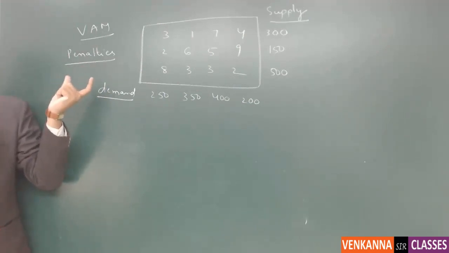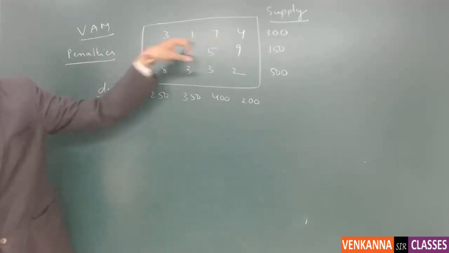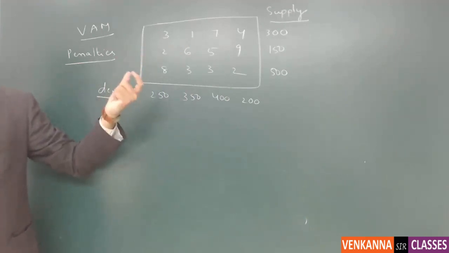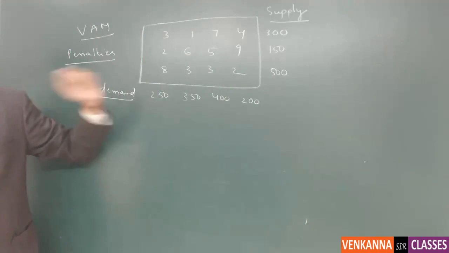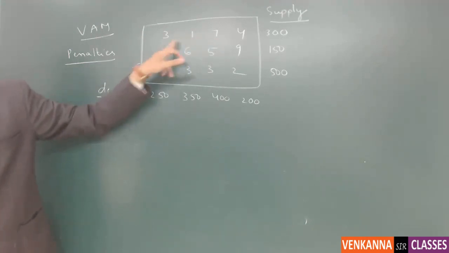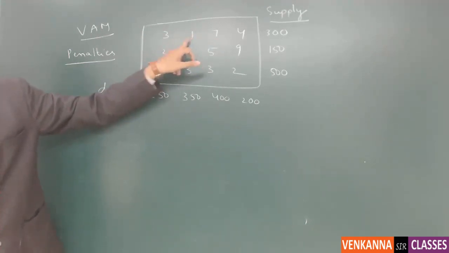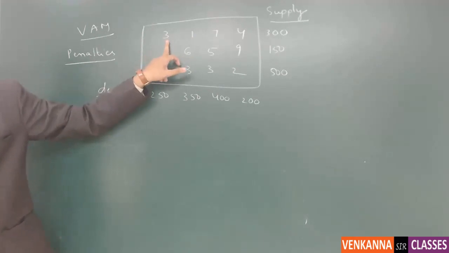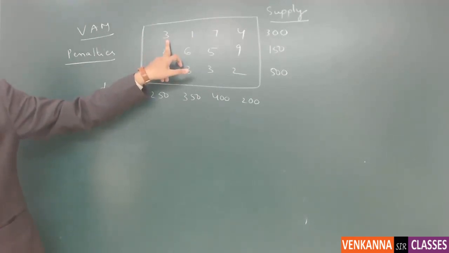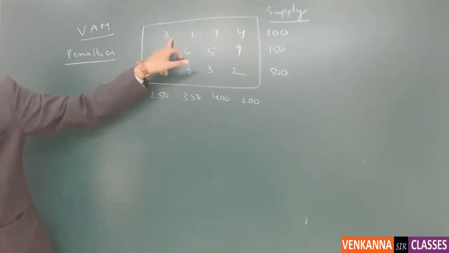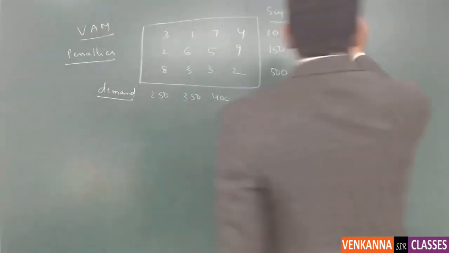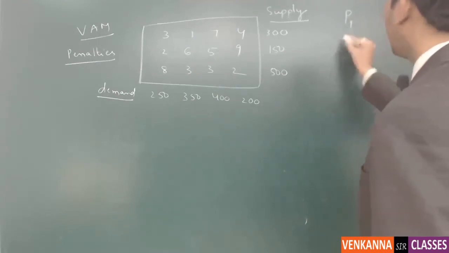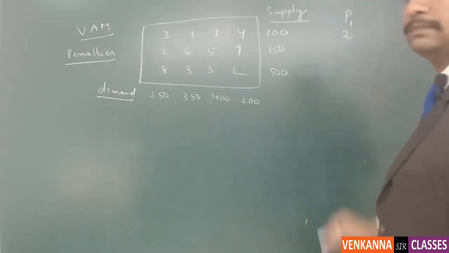Penalty is nothing but, for each row, the difference between the smallest and second smallest element. If you take the first row, the smallest one is 1 and the second smallest is 3. So what would be the penalty here? The difference between these two, 2. So the row penalty here is 2.